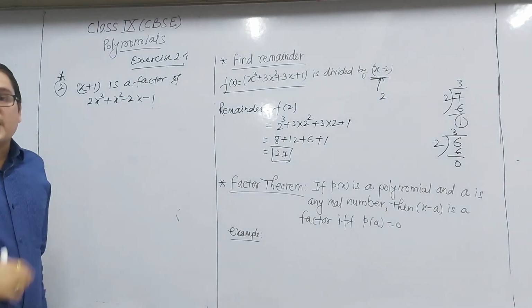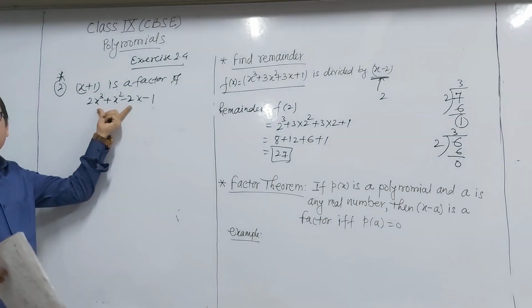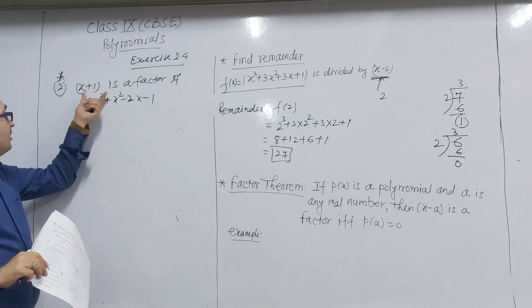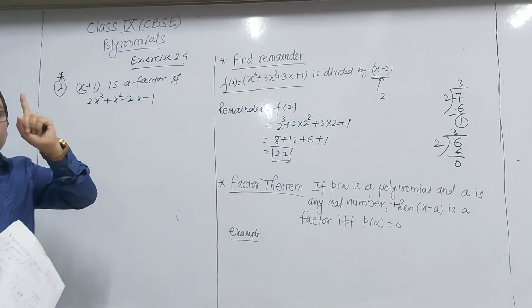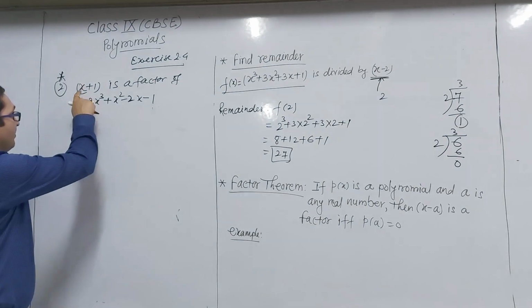It means you have to check whether x plus 1 is a factor of the given polynomial or not. To check this, first you need to calculate the remainder. If you are getting remainder 0, then this will be the factor.